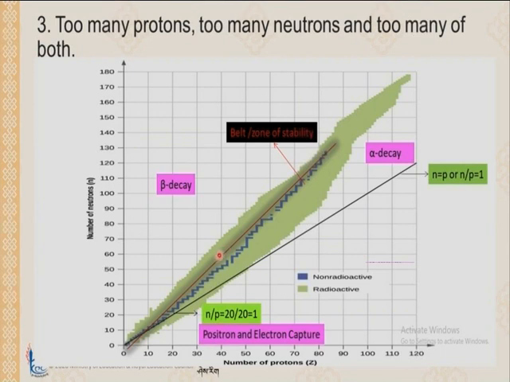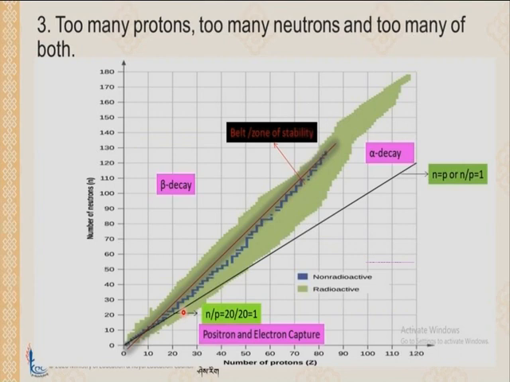Once again, above the stability zone, elements will have more neutrons. So the aim is to reduce the number of neutrons to go back to this stability zone. Second, the elements present below the stability zone will have fewer neutrons and more protons.